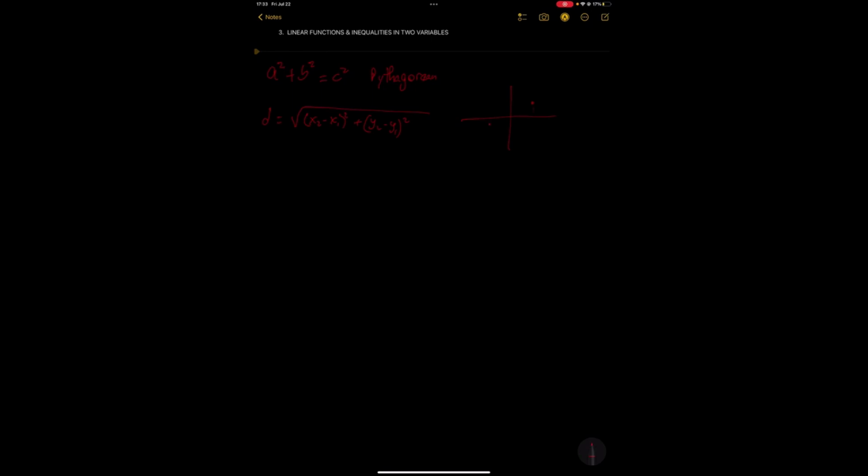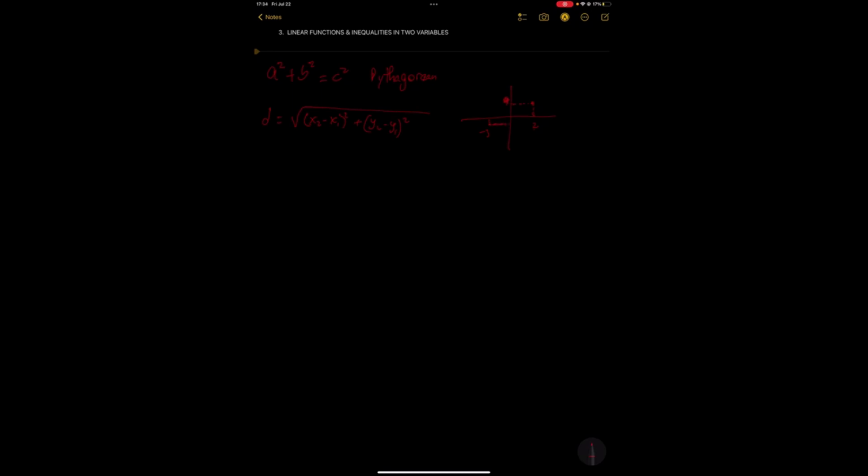Well, this point has an abscissa. Let's say that's 2, and that's negative 3. This point right here has an abscissa of 2. All right? And the y-coordinate is 4. This point right here has an abscissa, and also it has an ordinate.